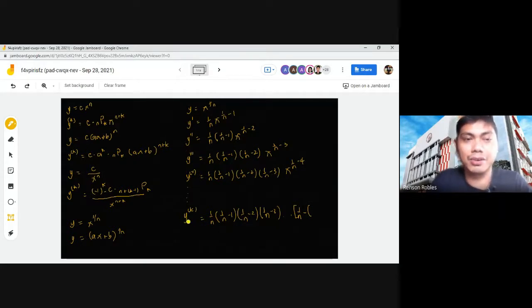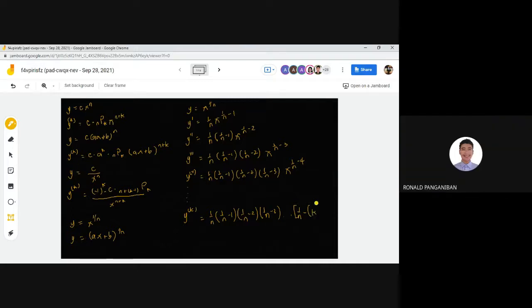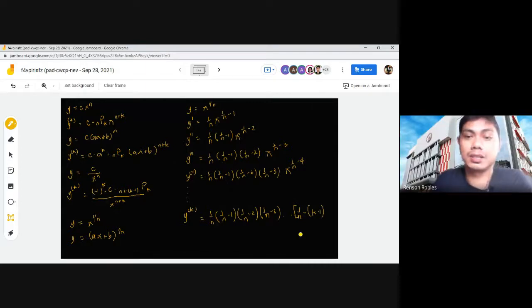Then, if you're looking for the kth derivative, you keep on multiplying until you reach 1 over n minus k minus 1. Then you copy x raised to 1 over n, minus 1 for the first derivative, minus 2 for the second, minus 3 for the third, minus 4 for the fourth. So minus k, right?